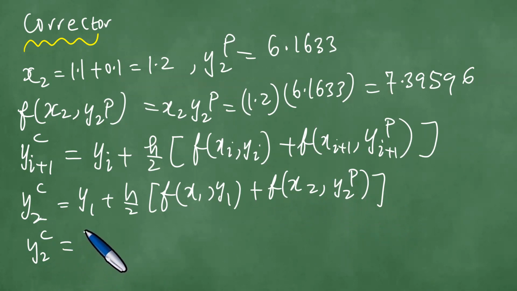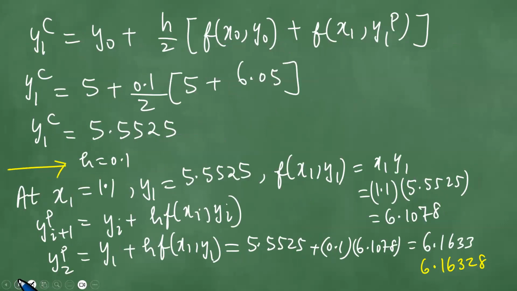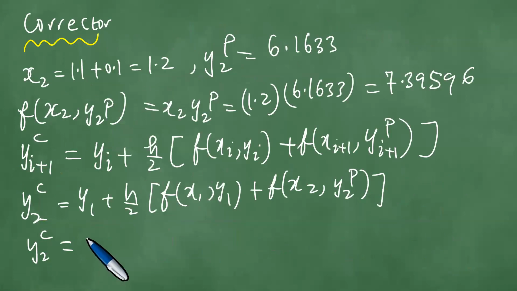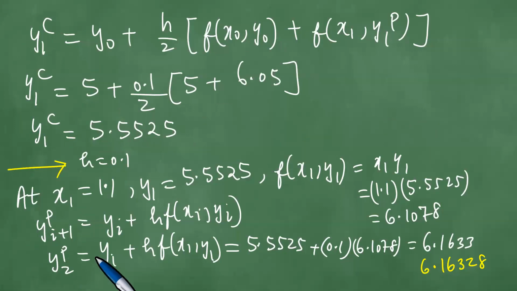And then what is y2c? It's exactly y1. What is y1? Like we saw before here in the corrector, the y0 was what was there in the beginning. But we got a y1 here, and this y1 is what we got before in the predictor.